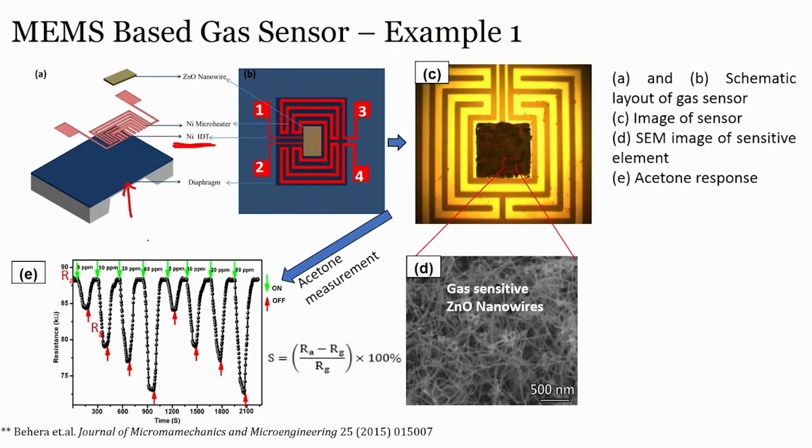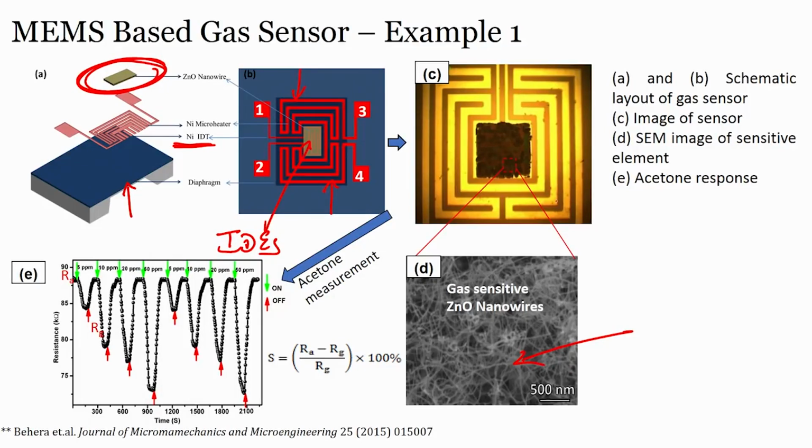We have used nickel as micro heater, right, you can see, and this micro heater is all the way here, and in center there are interdigitated electrodes, on which we have grown zinc oxide nanowires. How zinc oxide nanowire looks like? You can see the SEM image right over here, zinc oxide nanowire.